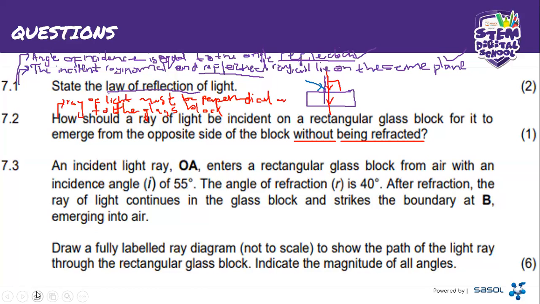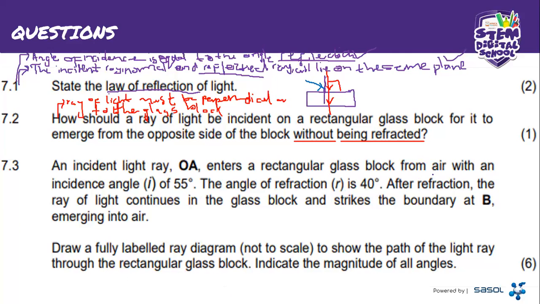Then the next question says, an incident light ray, OA, enters a rectangular glass block from A with an incidence angle of 55 degrees. The angle of refraction, which is called R, is 40 degrees.